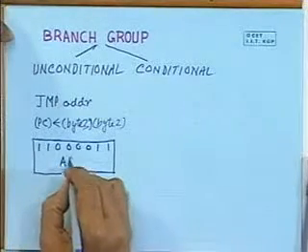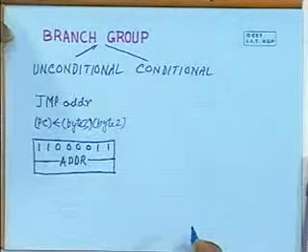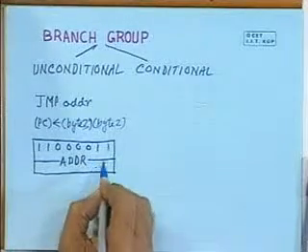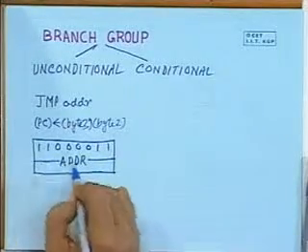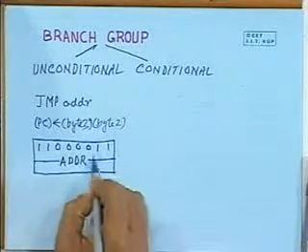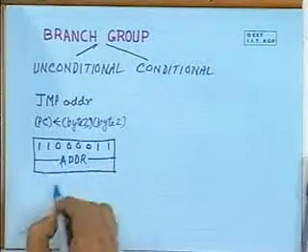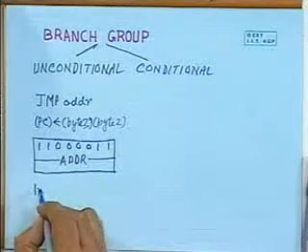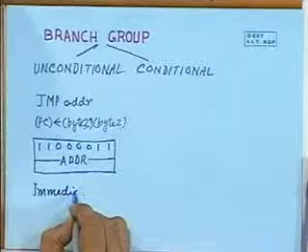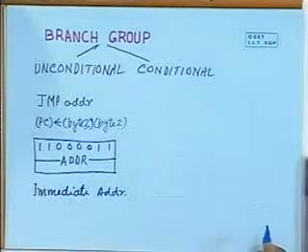Then you have a 2-byte address ADDR provided as part of the instruction. As we know, byte 2 provides the lower order address, and byte 3 is the higher order address. That is loaded into the program counter, and you may call it immediate addressing, because you are providing the data in immediate form as part of the instruction.